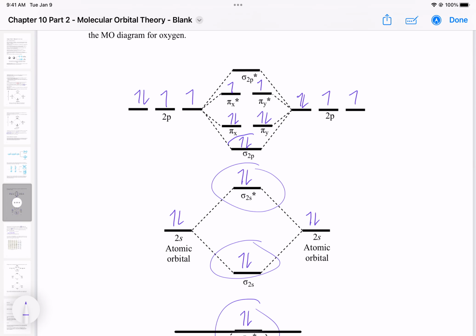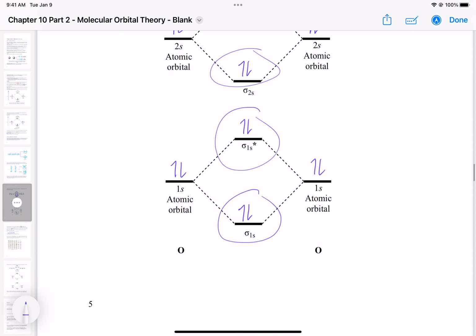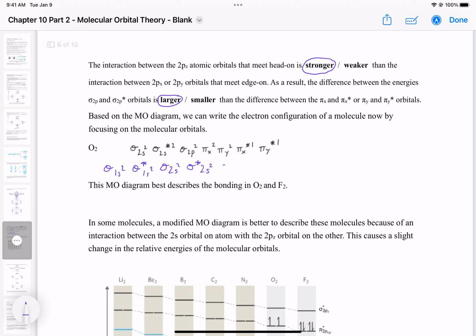Now we have the 2p, the pi x, pi y, then the pi x star, pi y star. So we write this as sigma 2p squared, pi x squared, pi y squared, and then lastly pi x star 1, and then pi y star 1. Okay, so that's how we could write our electron configuration based on the molecular orbital diagram.